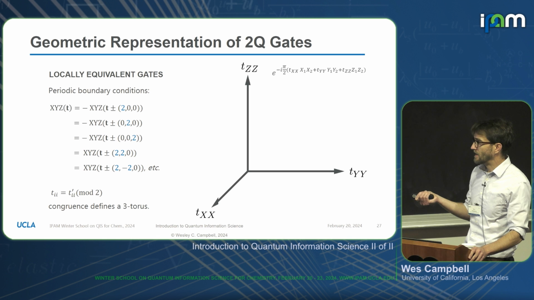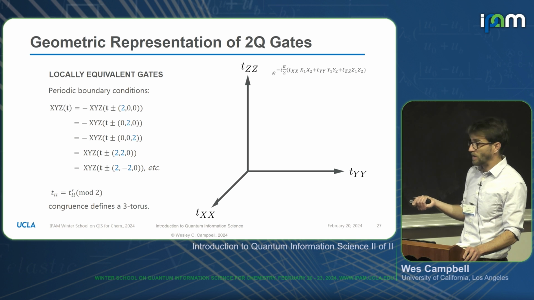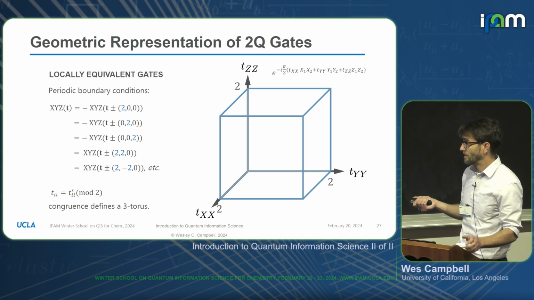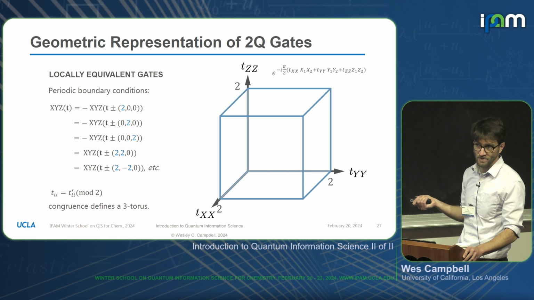What that means is that we have congruence between T and T mod 2, essentially, right? Which in this 3-dimensional space means we have the geometry of a 3-torus, right? Think of it as a cube where every time we get to this face, we pop up back here, right? Every time I get to the top face, I pop up on the bottom, vice versa, and so on and so forth.